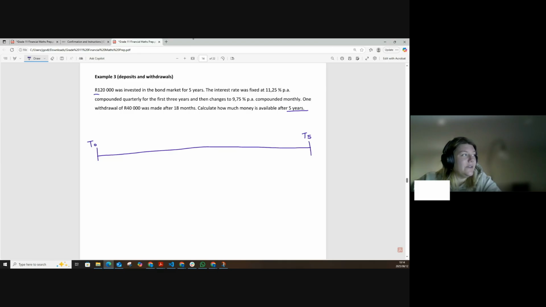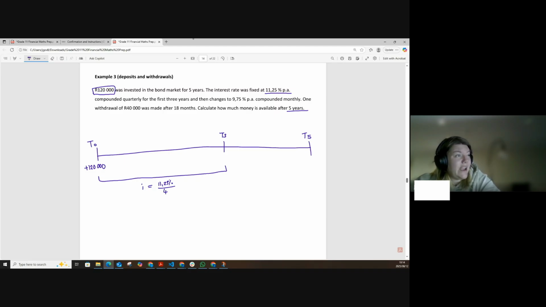They told us that initially we had 120,000 that was invested. So our original amount was 120,000. The interest was fixed at 11.25% per annum compounded quarterly for the first 3 years. So at T3, our interest rate was 11.25% compounded quarterly.